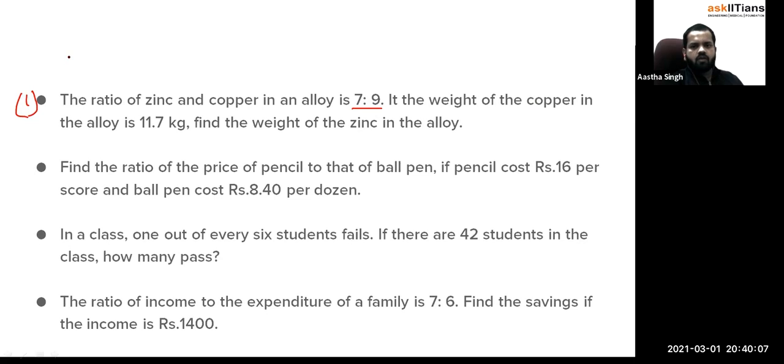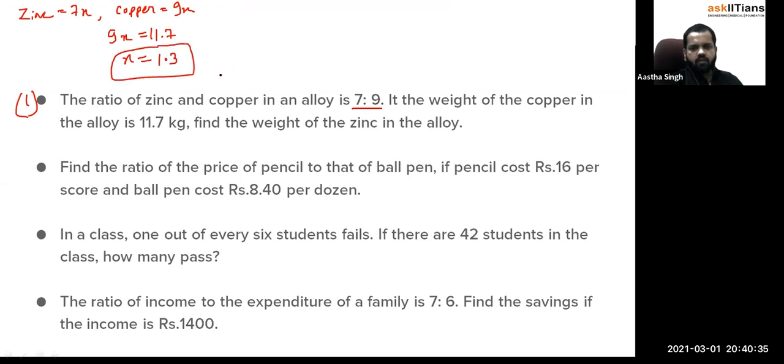Okay. So let's suppose zinc is 7x, and the copper is 9x. The weight of copper is given: copper is 11.7. So x will be what? 9 1s are 9, and 9 3s are 27.